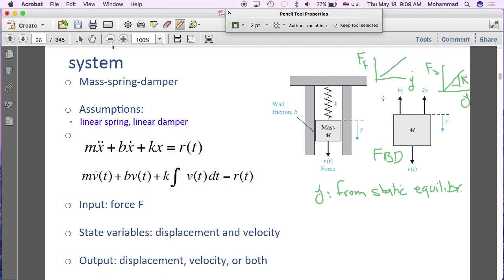Two, because we are measuring y from static equilibrium. What does static equilibrium mean? It means the initial stretch of the spring is canceled by the effect of the weight. So essentially, when y is 0, the spring is already stretched. By how much? Enough to cancel the effect of the weight.